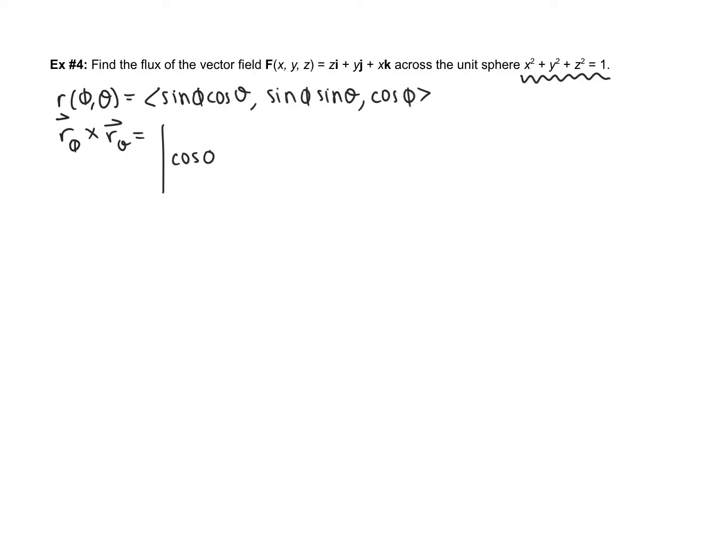So the partial with respect to phi is cosine phi cosine theta, cosine phi sine theta, negative sine phi. And if I take the derivative with respect to theta, I'm going to get negative sine phi sine theta, sine phi cosine theta, and 0.